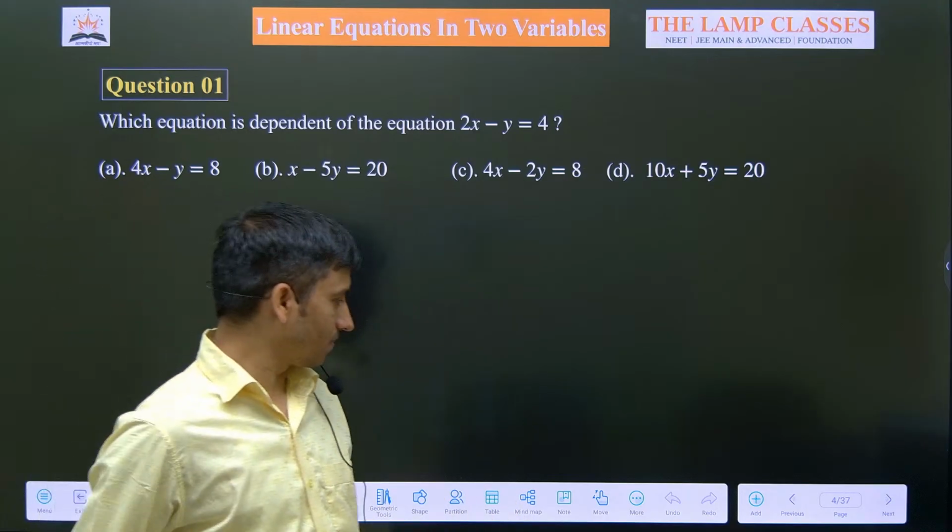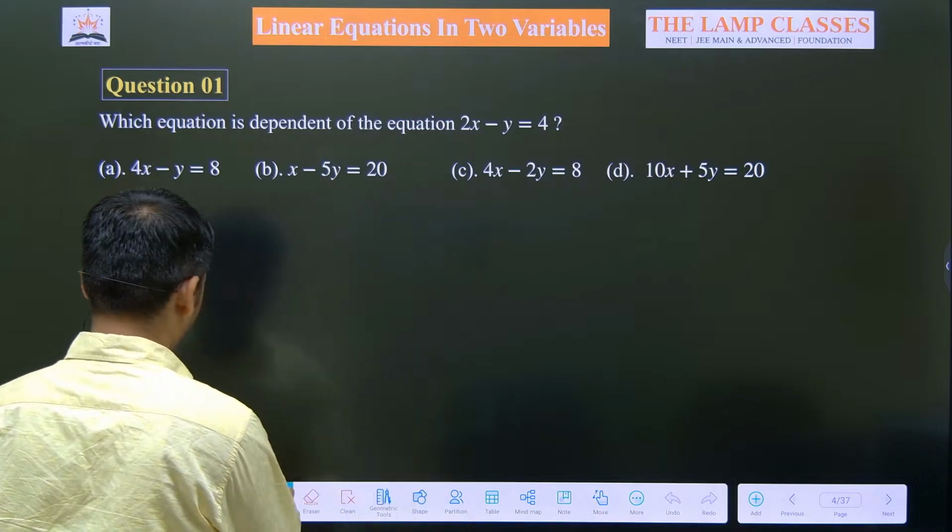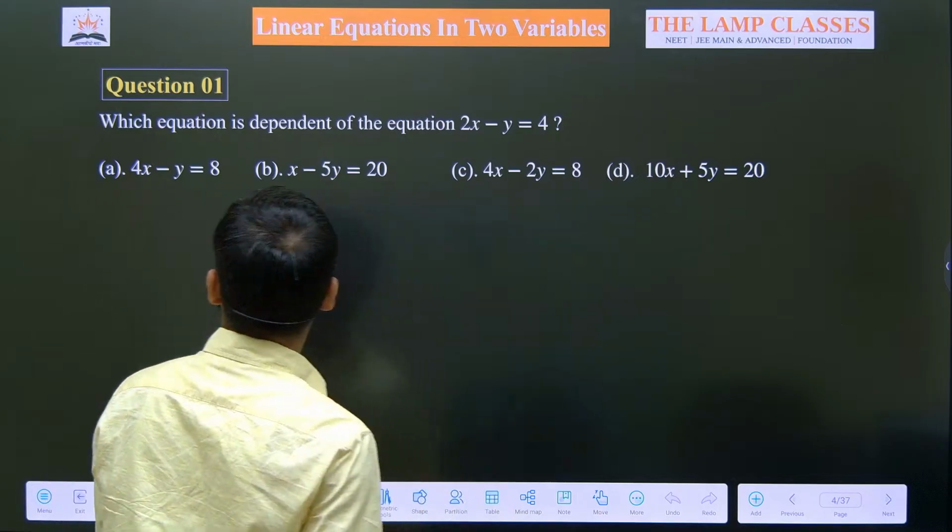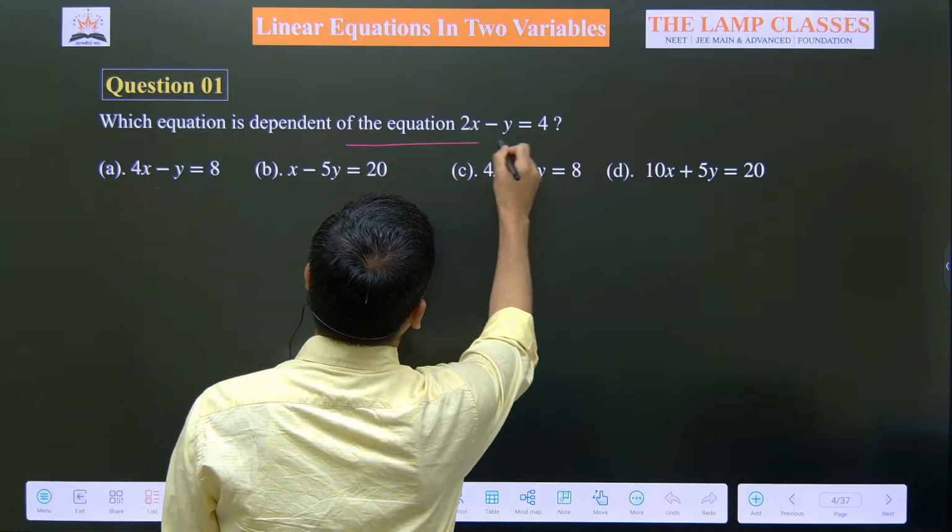So have we got the answer of this? The equation which is dependent on this equation, right?